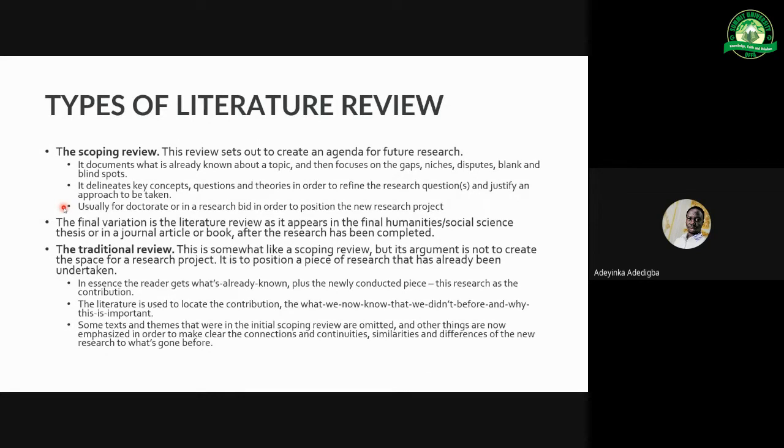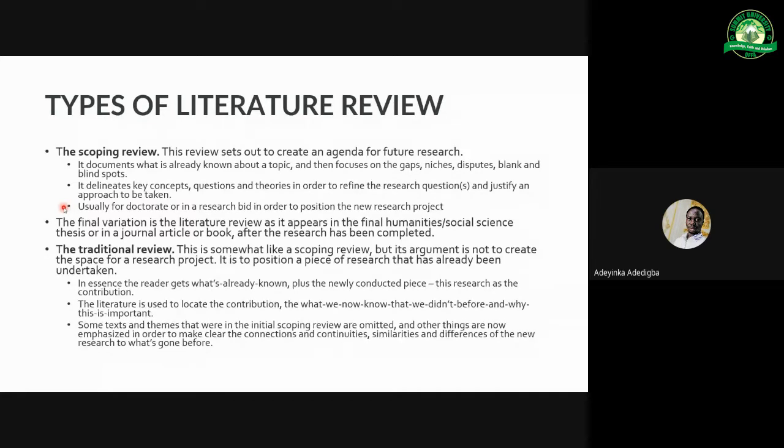And also we have the traditional review. Of course, this is what many of us are used to, somewhat like the scoping review, but its argument is not to create a space, so to say, but rather to position a piece of research that has been undertaken. Say for instance, I build a drone that is surveying a pipeline for Nigerian NNPC, and because that's the research, I want to publish it in an article.